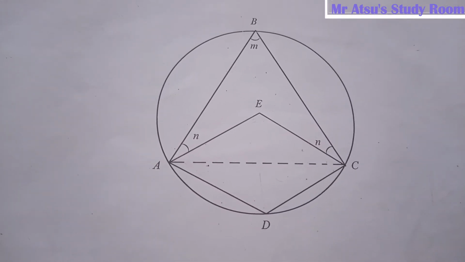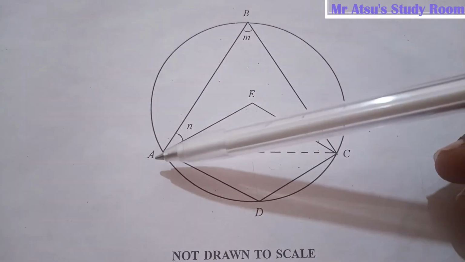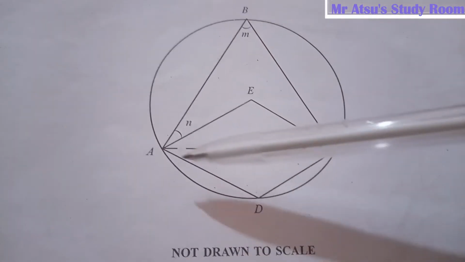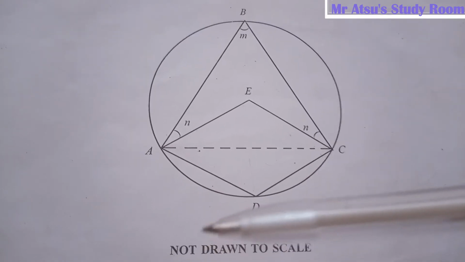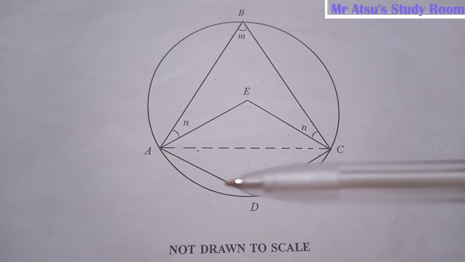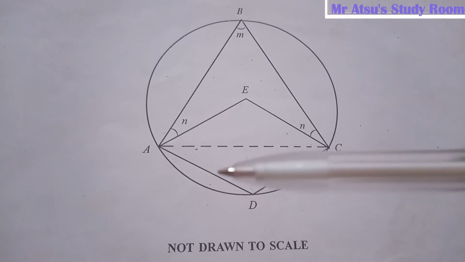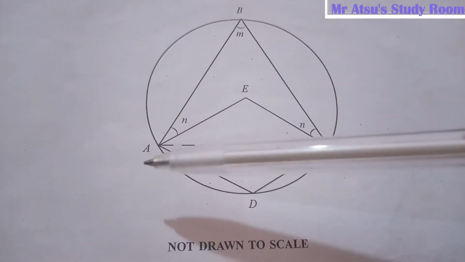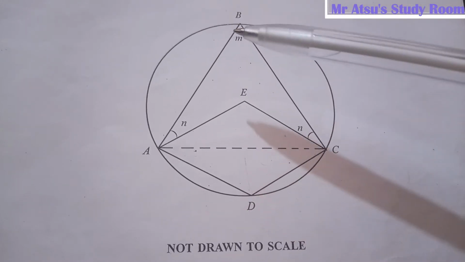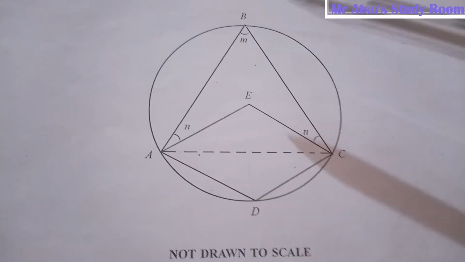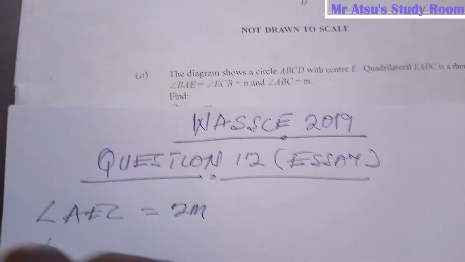And that one says that angle ABC plus angle ADC should give us 180 degrees. So it means that angle ADC is going to be 180 degrees minus m. So let's write that.